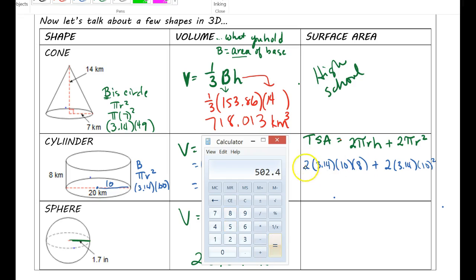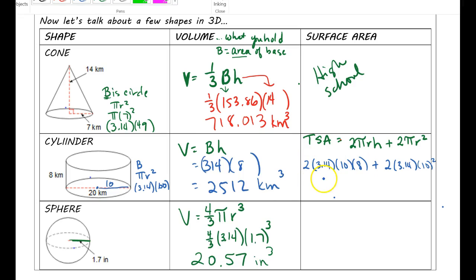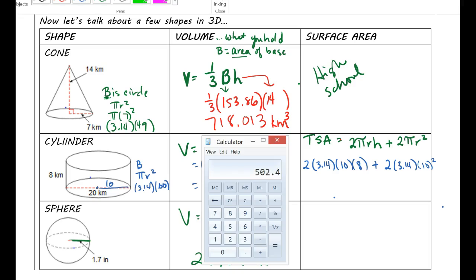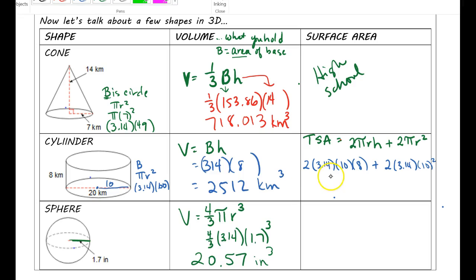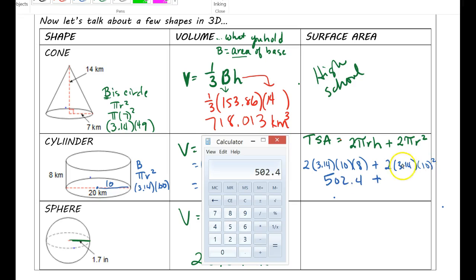And for all of this, I am getting 502.4. Plus, now I'm going to come over and do everything on the other side of the plus sign. So see how PEMDAS never goes away? I told you guys, PEMDAS never goes away. And I'm having to do that right now. I do all the times, and then over here I do all the times, and then I'm going to add them together at the end.